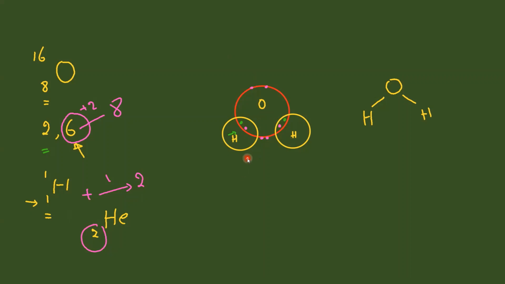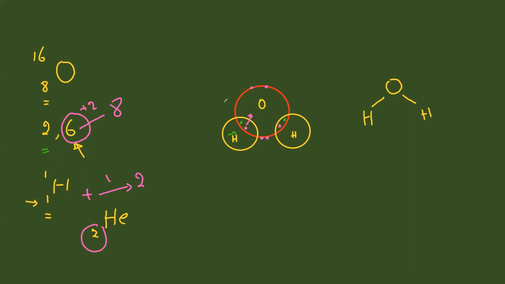But here in the water molecule, there is something abnormal that happens, and it happens only for water molecules: these electrons that are shared are slightly shifted towards the oxygen atom.